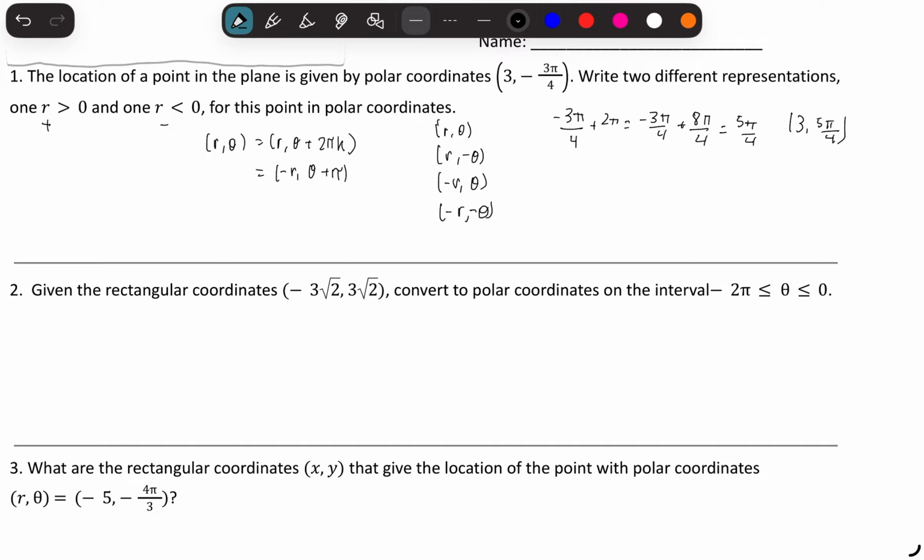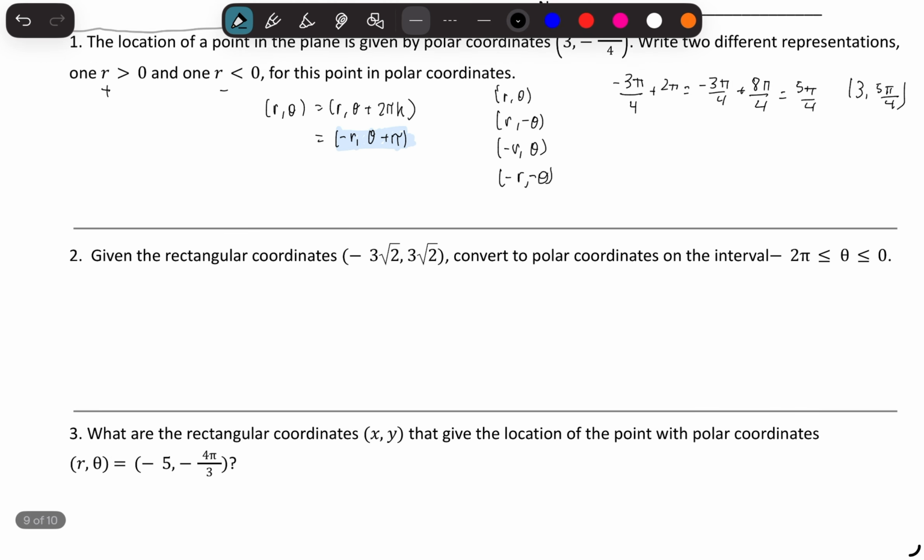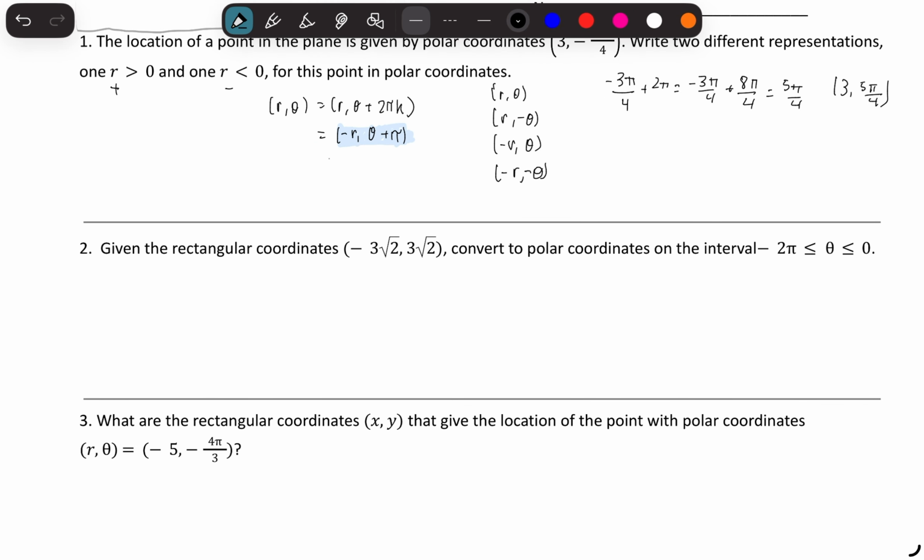Now for our negative r, we can use the rule that we highlighted here, where you have a negative r and then you just add a pi to it. So this is going to be -3 pi over 4 plus pi.